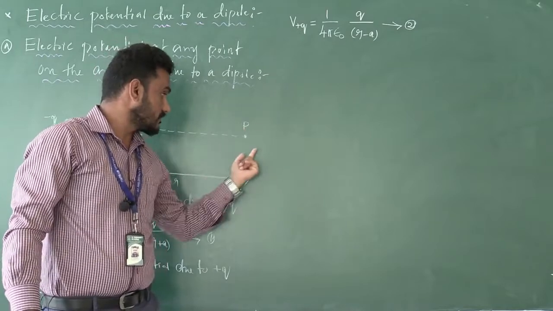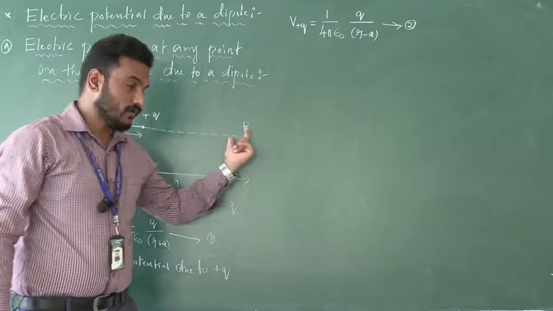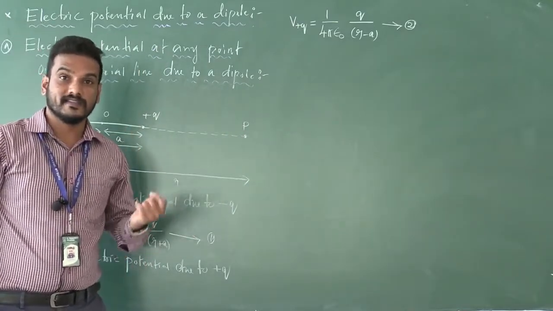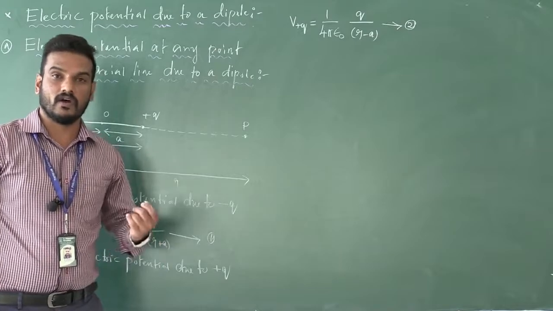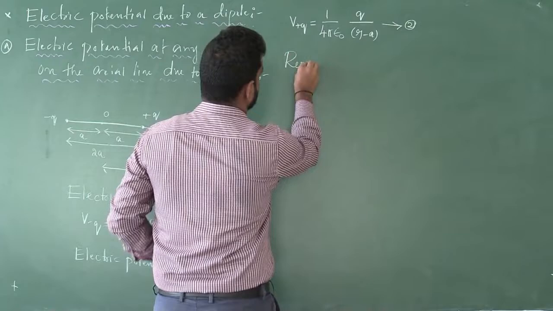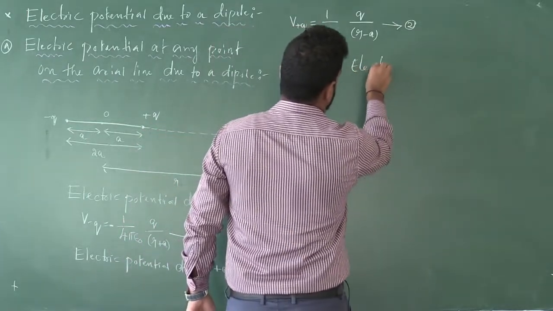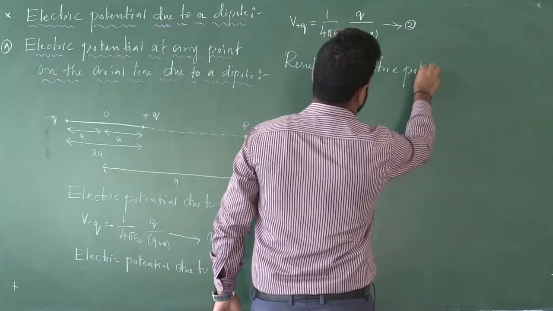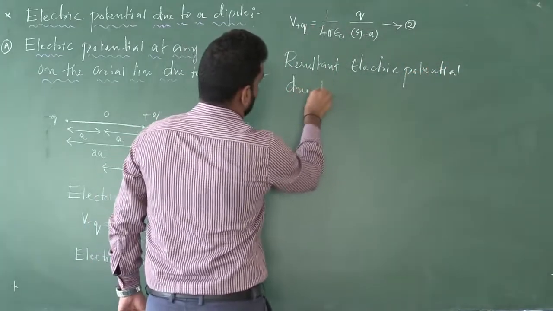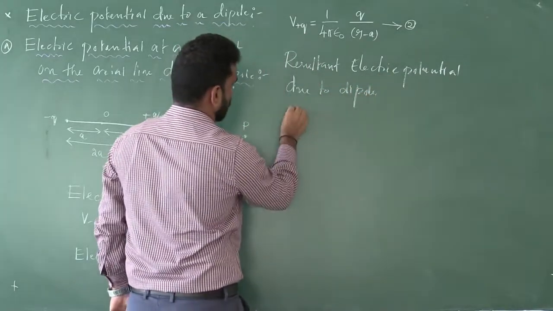Then what is the resultant electric potential at this point due to the dipole? We need to calculate the resultant or total electric potential. What are we supposed to do? We need to add.